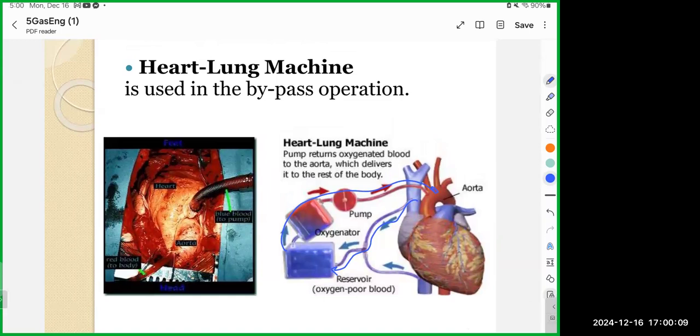Sorry. When you would like to change your lung or anything, you need a machine to release the carbon dioxide and absorb the oxygen for the body. So the machine just pretends to be your lung.